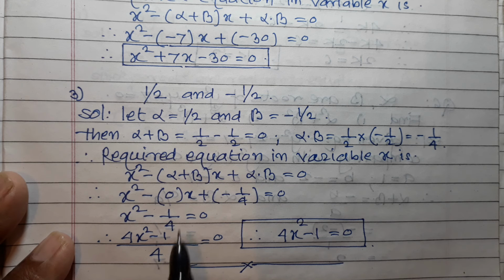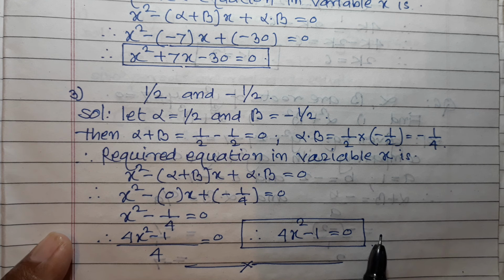The denominator is 4, and therefore you have to multiply by 4 here. So 4x square minus 1 upon 4 is equal to 0, and therefore the required quadratic equation is 4x square minus 1. This 4 you transfer on this side, so 4 into 0 is equal to 0, and therefore the equation is 4x square minus 1 is equal to 0. Okay.